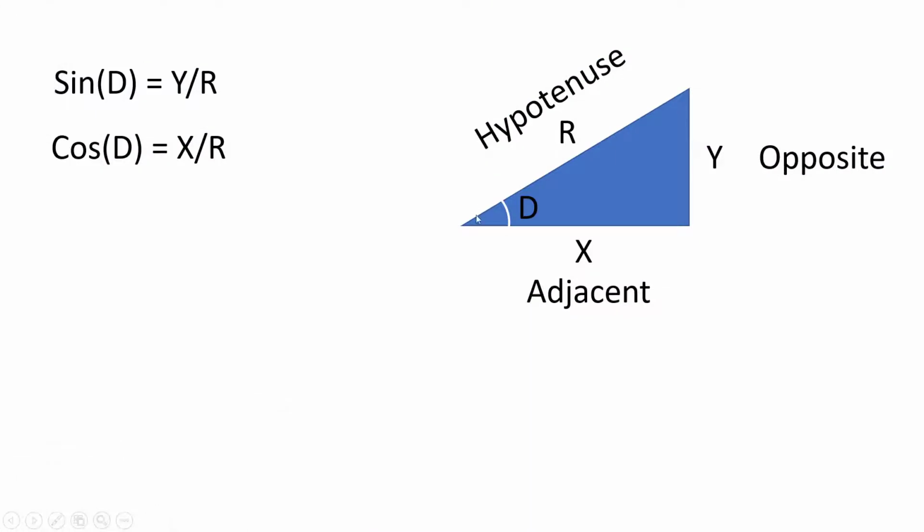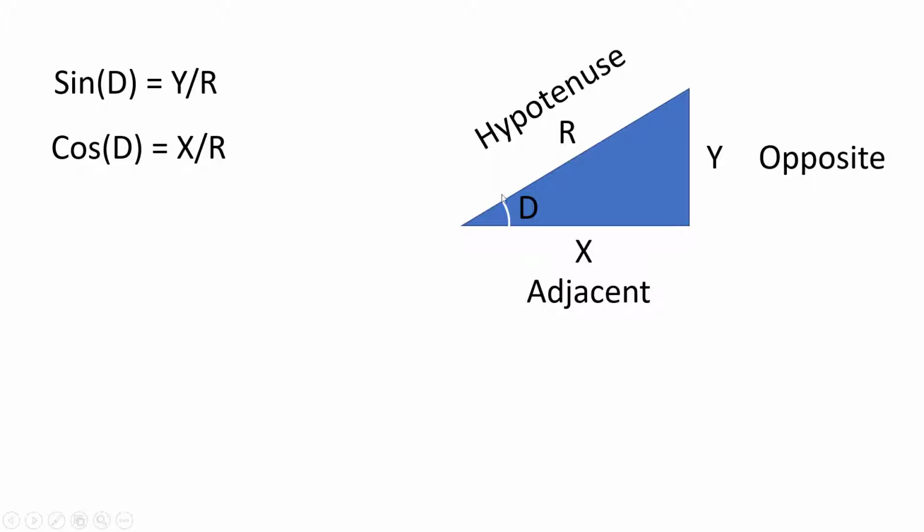So, we have a triangle with a 90 degrees angle. Let's call this angle D. And we'll call these sides Y, X, and R as shown here. The basics of the sine and cosine equations are written here.